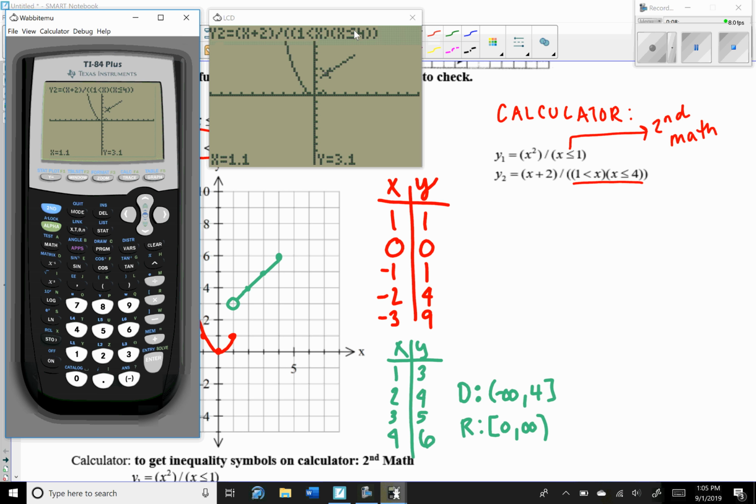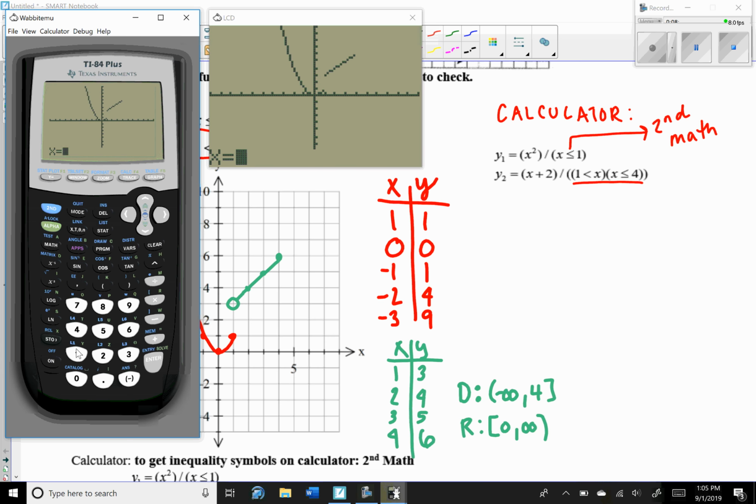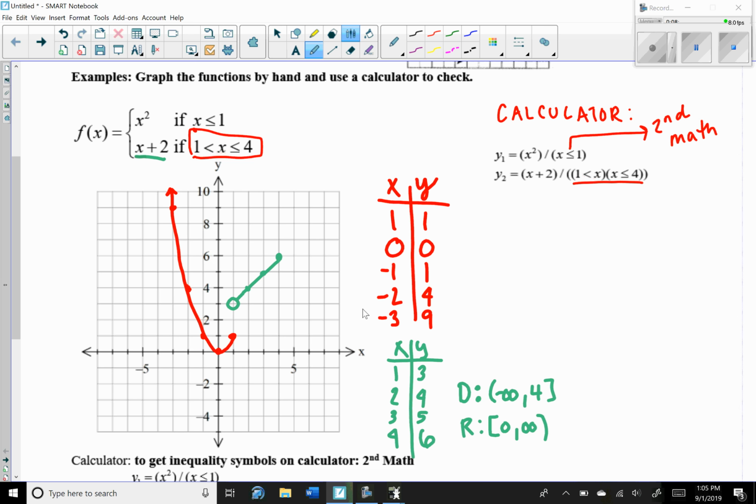Notice now it goes to the y2 function, which is this part right here, the linear function. And notice it gives me 3.1. I can do it again, second trace value, and if I do 1.5, and then again, I have to hit the down arrow to get to the second equation. Notice it gives me 3.5. So again, if you didn't do this by hand and you just used your calculator, you might miss those values, which is why we learned how to do this by hand.